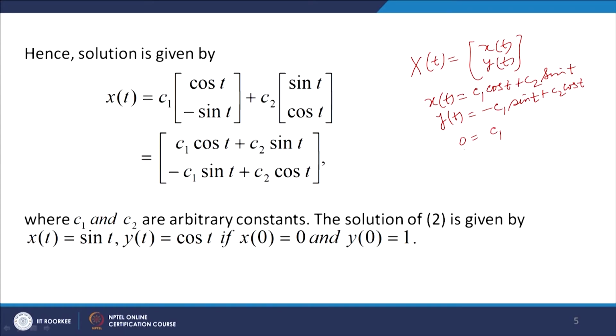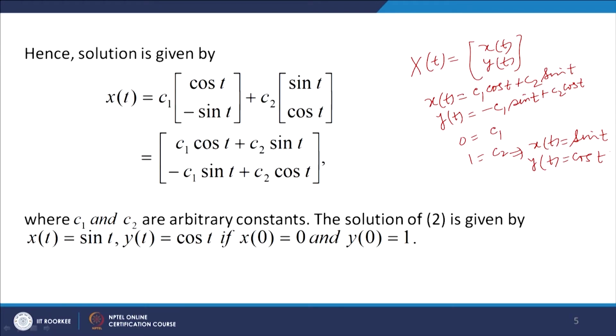So, C1 is equal to 0 and y(0) = 1. So, 1 = -C1 times 0 + C2. So, we have C2 equal to 1, and therefore x(t) will be equal to sin t and y(t) will be equal to cos t.